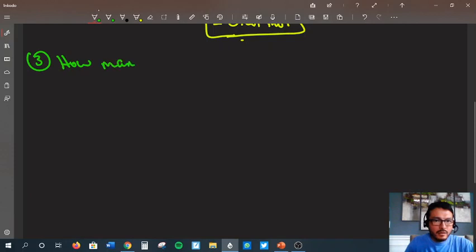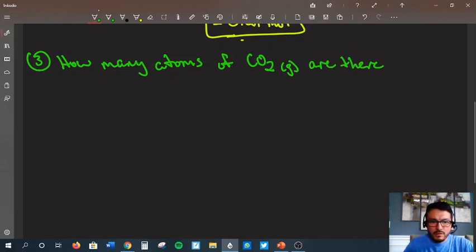How many atoms of CO2, usually a gas, are there in 2 moles of CO2?